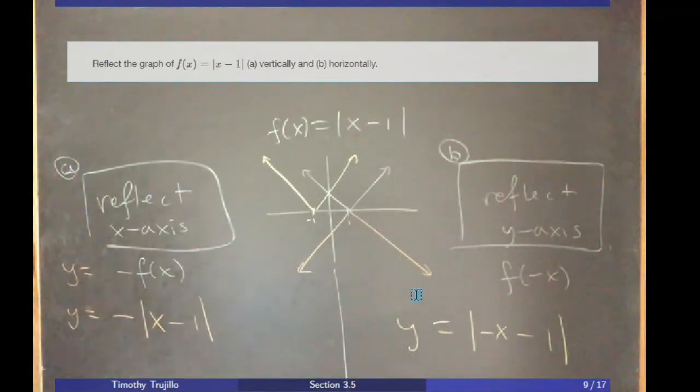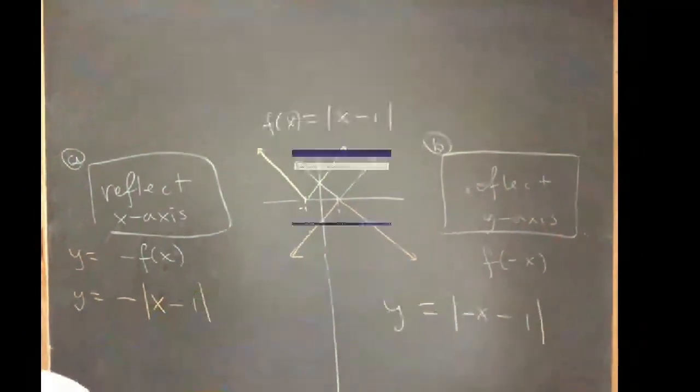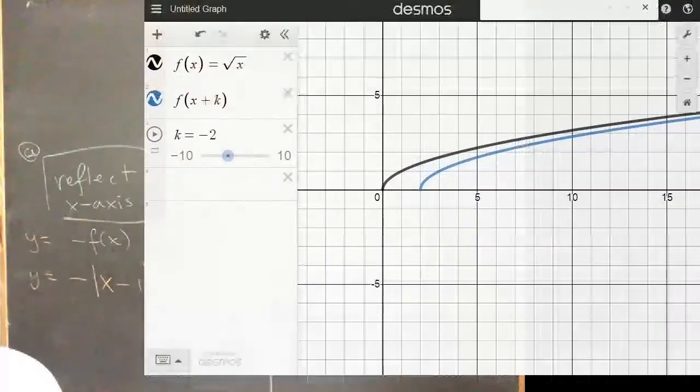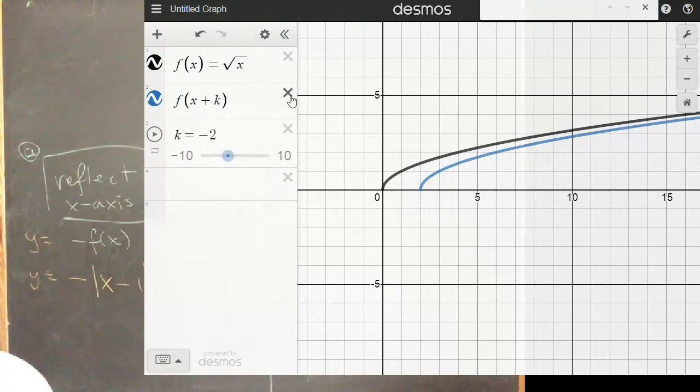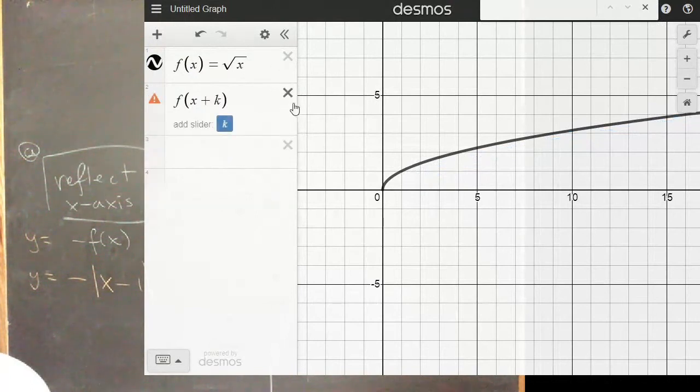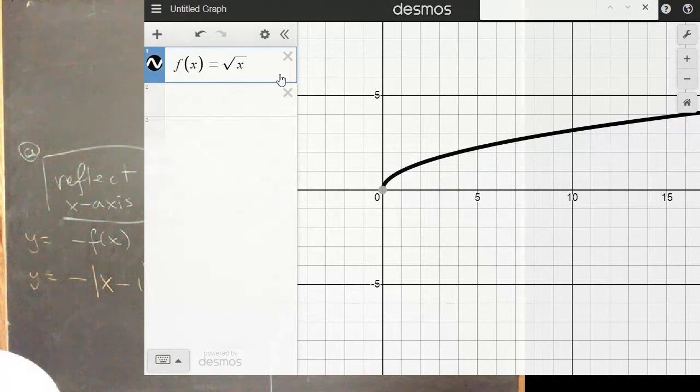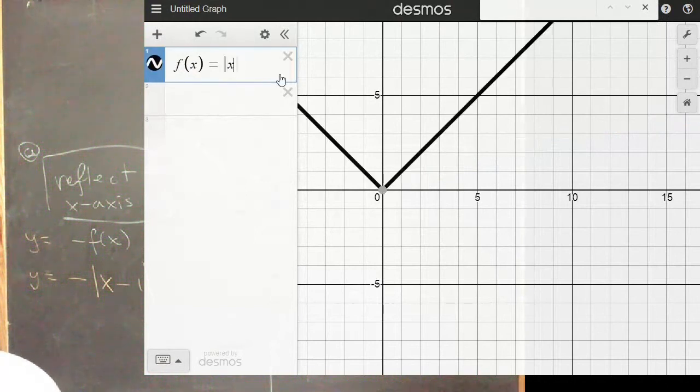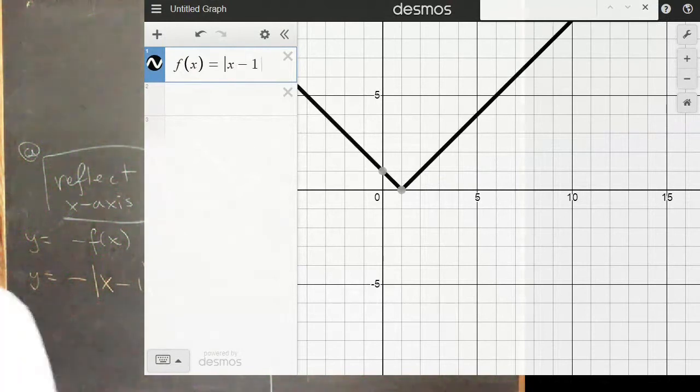So let's at least see that in Desmos so that it's not just me drawing lines on the board, and you can see a graphing calculator actually do it as well. So here, let's just start with the absolute value of x. So there's our v, and we're going to want to move that thing to the right by 1, so subtract 1 from the x.